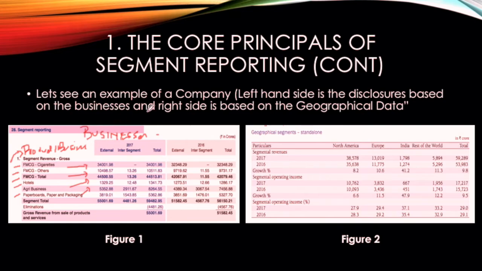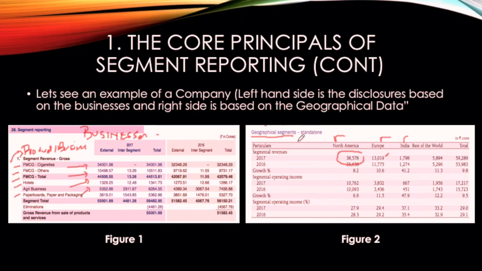Now let's move to figure number two. Figure number two specifies that this much revenue is coming from North America, this much from Europe, and this much from India. So it provides an idea about the geographical segments, which means the geographical areas from which the entity is deriving its revenue.